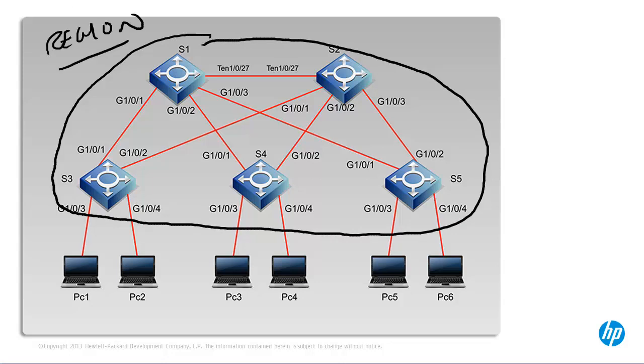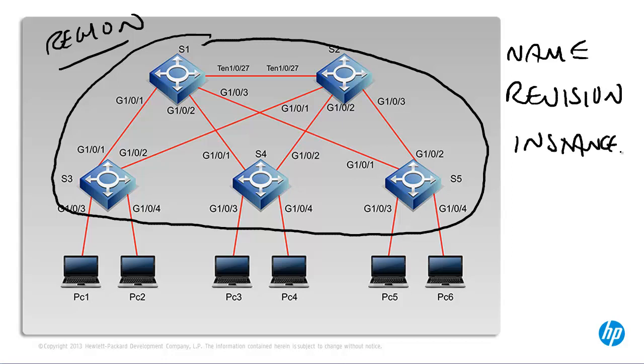Now, a region is a grouping of switches that have the same region name. So that needs to be configured the same on all the switches. They need to have the same revision number, and they need to have the same instances. So you need to make sure that you configure the name, the revision number, and the instances the same on all switches if you want them to be part of the same region.